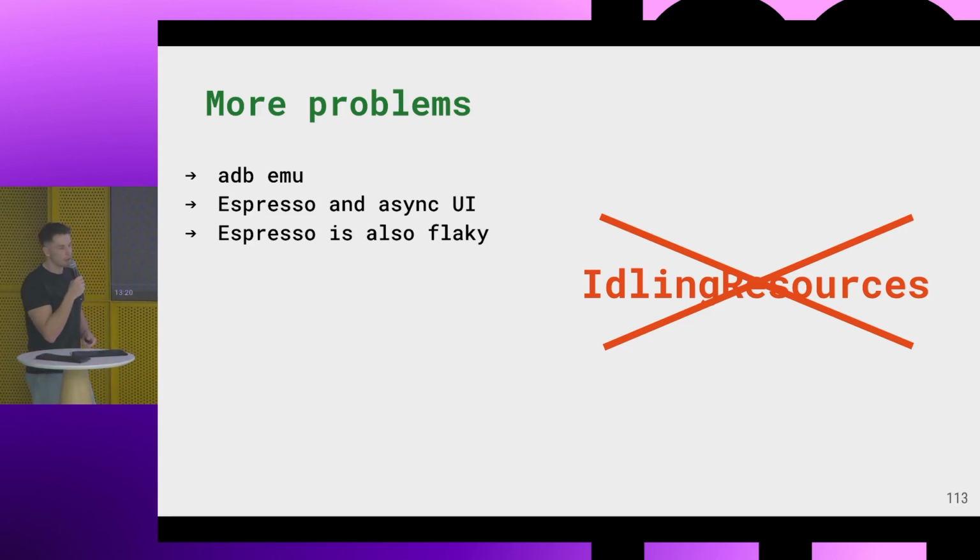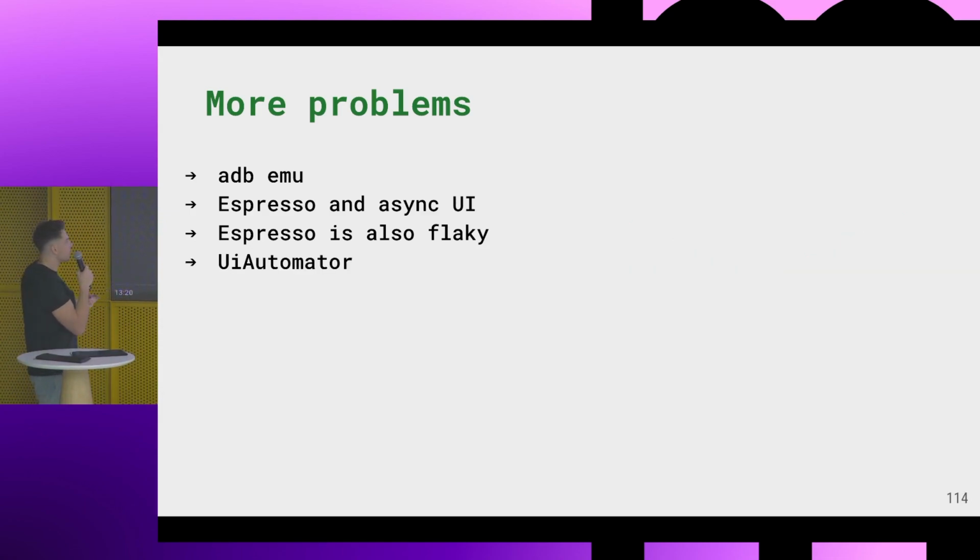Espresso is also flaky. If you click one button 100 times, one of the 100 will just fail somehow for some reason. Also, there are a lot of problems with UI Automator. It works badly with custom views because if they are not implemented properly, they might be invisible for accessibility.